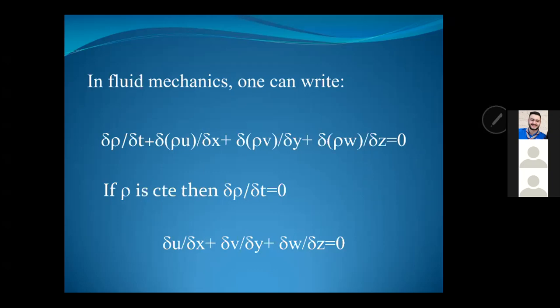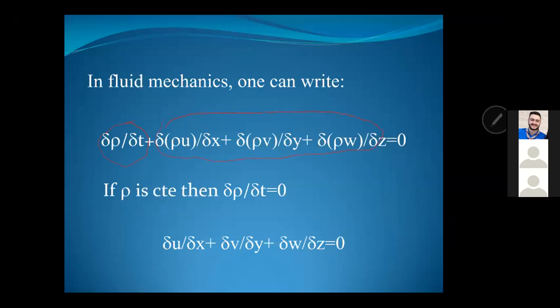Third equation: describe the continuity equation of fluid mechanics. How do we describe it? The first term here is the accumulated term. This term is the accumulated term, and this term is the flux out minus flux in term.